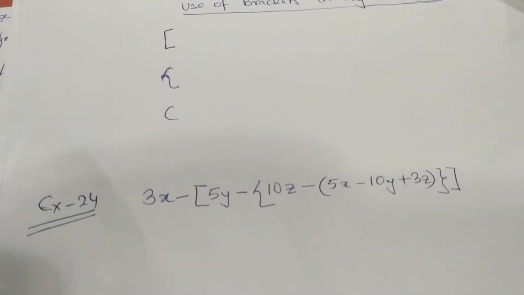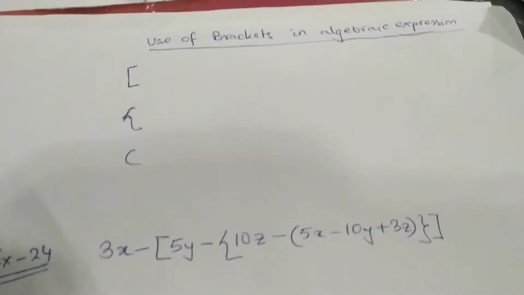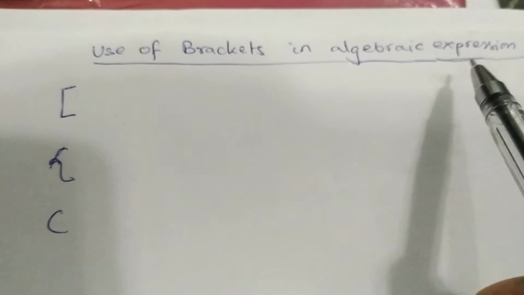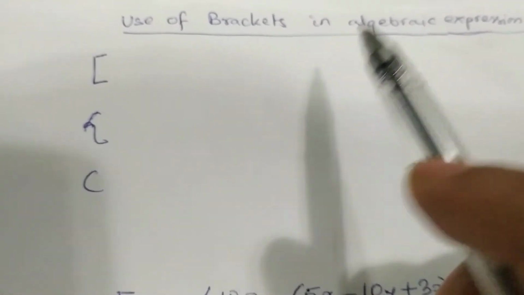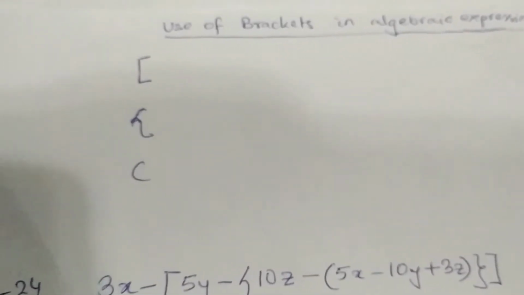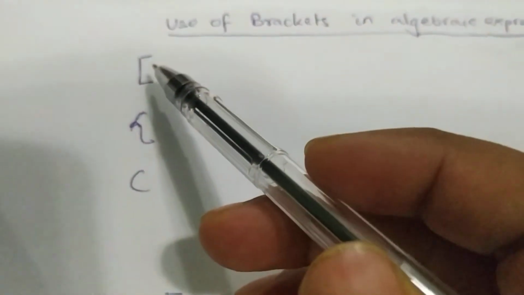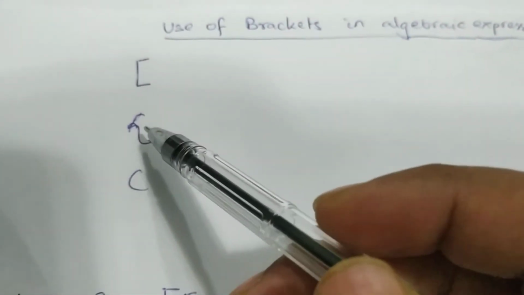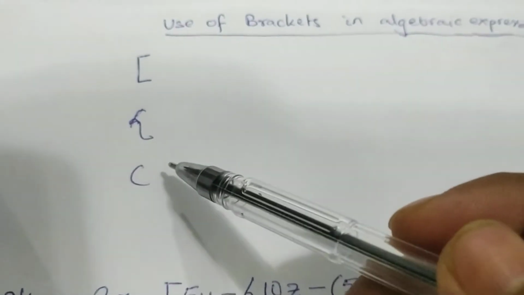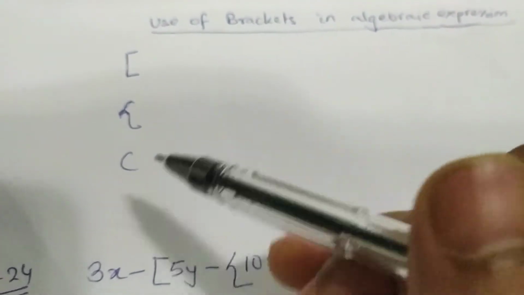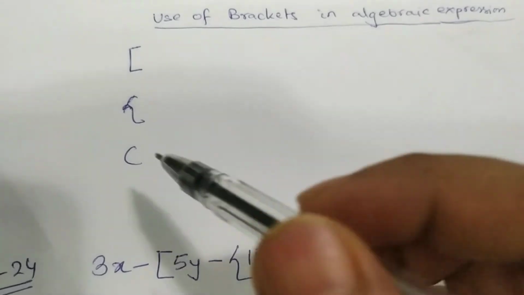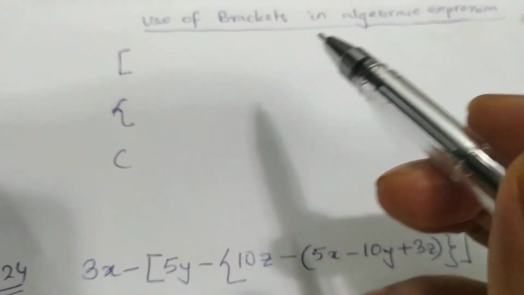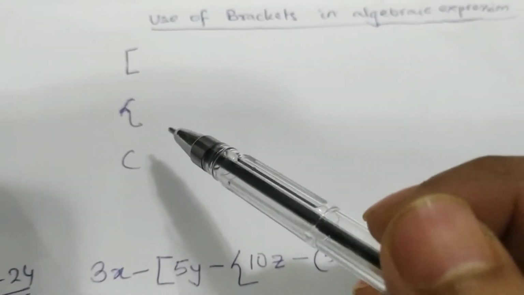So the new topic over here is the use of brackets in algebraic expression, how to use brackets while solving algebraic expression. We already know what brackets are. We know three types of brackets. This one is the third bracket, this is the second bracket, this is the first bracket. And while working on a problem, we need to consider the priority of the brackets.